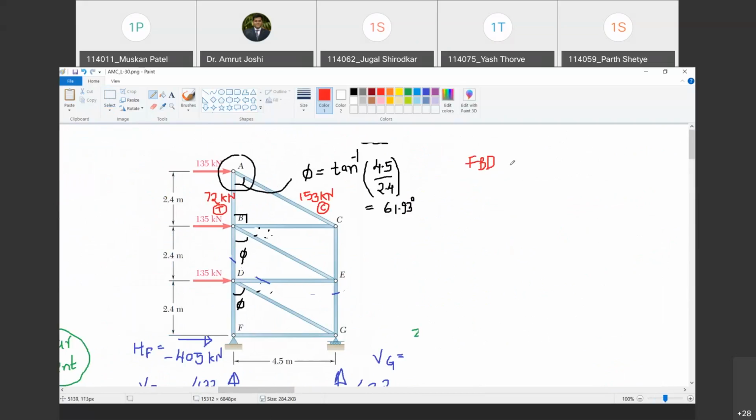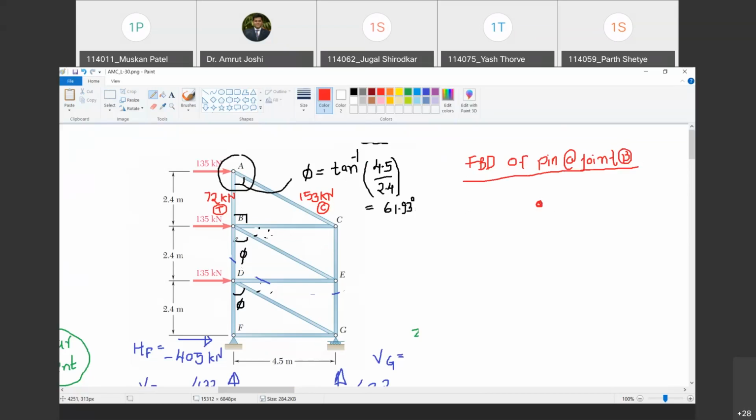FBD of pin at joint B. Happy? Yes, sir. Okay. So let us free the pin at joint B from all external agencies and show what the external agencies must have been doing. So this is joint B ka pin. Later on I will give the name. First let us show all the external forces.